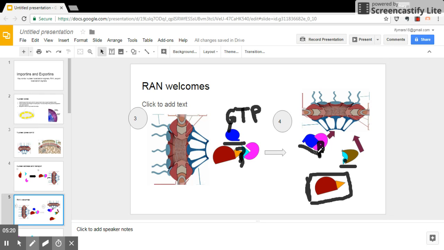Together they're going to move again through the nuclear pore, outside to the cytoplasm. So this is our cytoplasm right here.